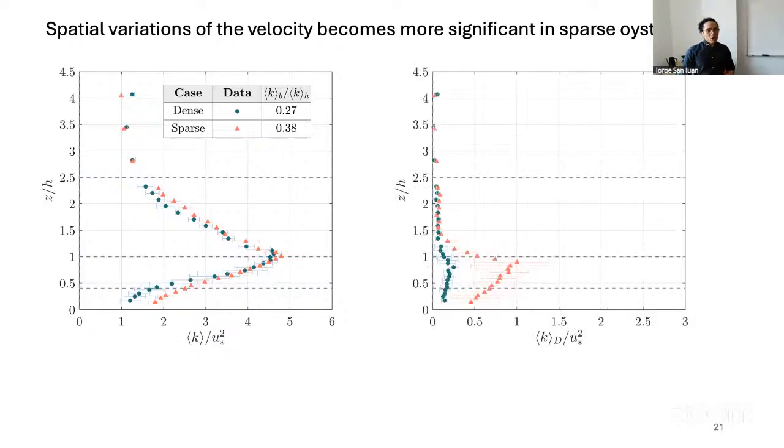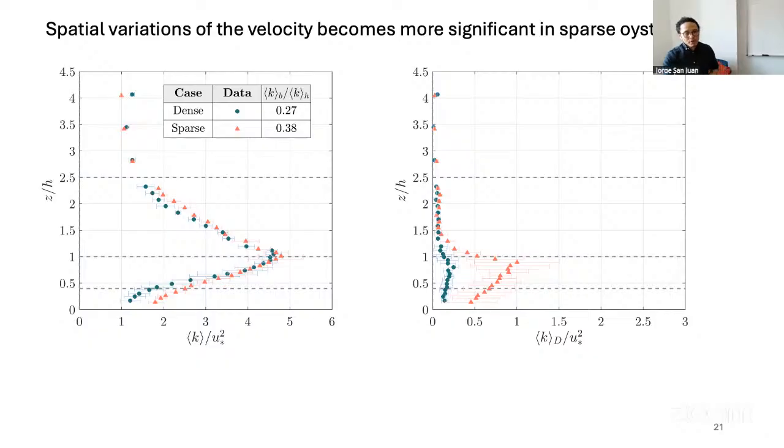So one thing that we looked into here in the left plot, you're going to see the turbulent kinetic energy for the two conditions. This turbulent kinetic energy, once again, is a time average approach. But for the plot on the right, you're going to have this turbulent kinetic energy that takes into account the intensity of the spatial variation.